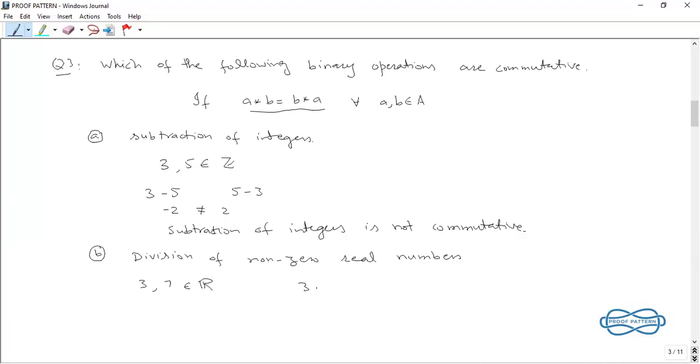We have to check whether 3 divided by 7 is equal to 7 divided by 3. We know that 3 divided by 7 is equal to 3 over 7, and 7 divided by 3 is equal to 7 over 3. So it is clear that they are not equal. So it is not commutative.